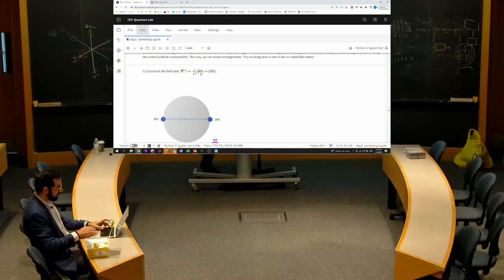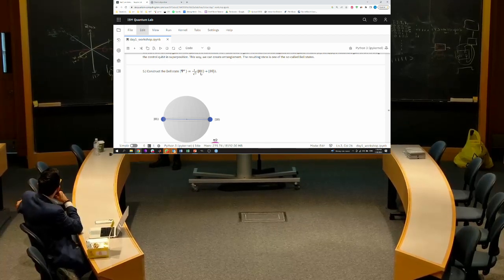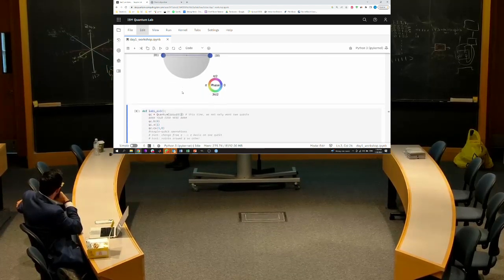We start with 0 and 0. At the end, we need to get something where we have 0 and 1, so I do this change, and we want to get this one, where I do this change. So I need somehow to change this one and somehow to change just this one. But I need it to happen at the same time. I cannot just copy it and do X here on one and X here on the other. Somehow it needs to happen together.